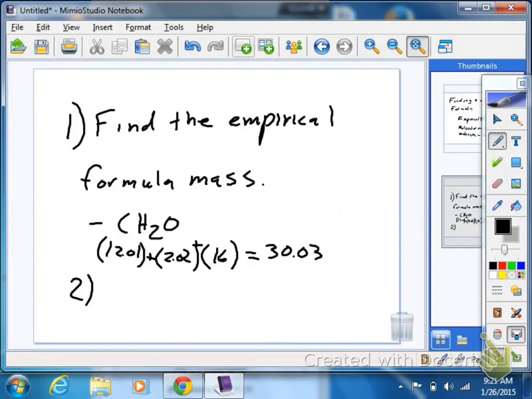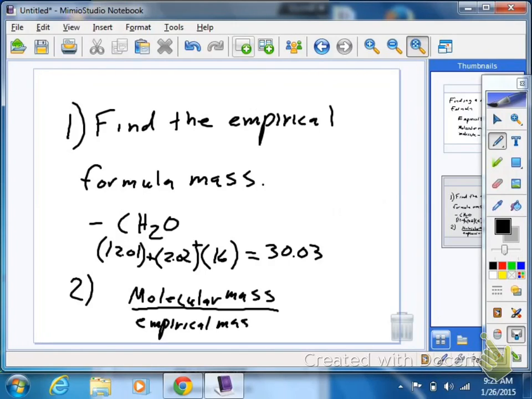The molecular mass is one you'll be given in all the problems. So anytime you're given a molecular mass, you realize you're going to have to find the empirical mass, to see the difference between the two. That's going to give us what we call X. X is that multiplier.